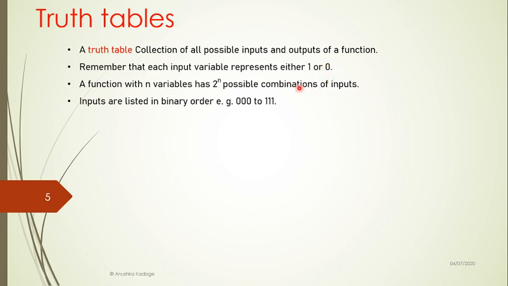If suppose I am having three variables for any function, then I can calculate 2 raised to 3, that is 2 raised to n, as the number of possible input combinations. So if I am having 3 input variables, I may find 8 possible input combinations.